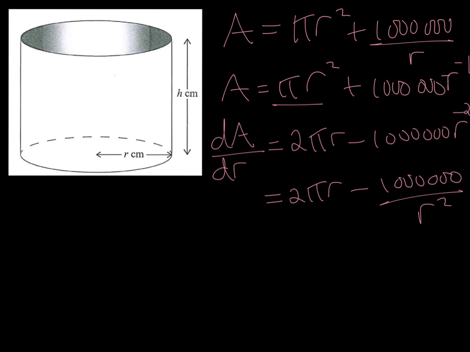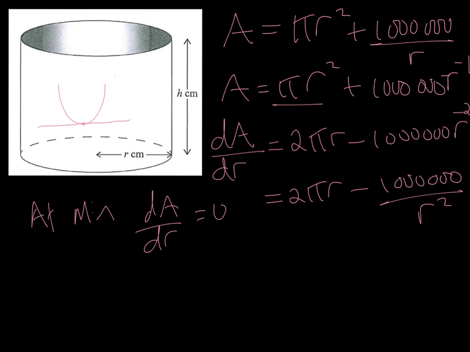So we've got at the minimum value, dA by dr is equal to 0. So if you think about it on a graph, if we have a minimum point here, at this point here, the gradient, or the rate of change here with respect to area with respect to r would be 0, so it's a flat line. So that's how we can identify the minimum point.